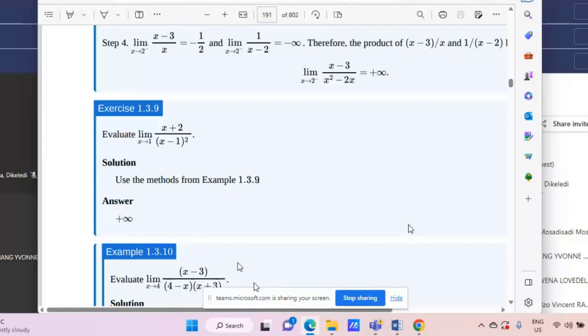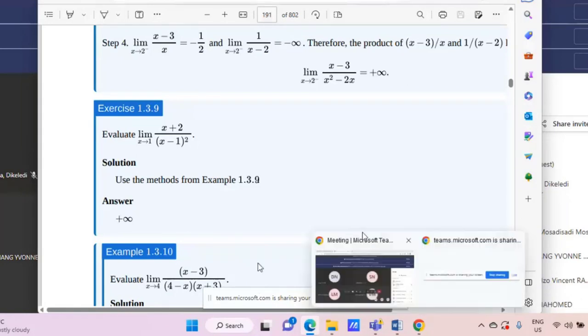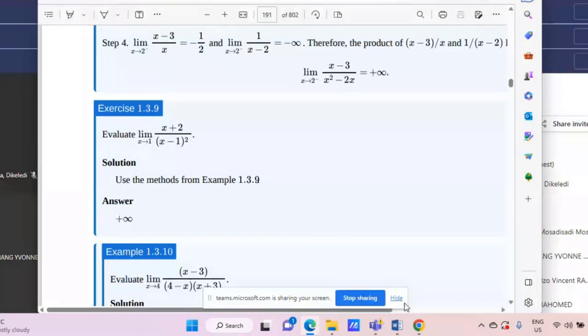Now, let me request you to solve example 1.3.10. Please evaluate the limit of x minus 3 all over 4 minus x, in the next bracket x plus 3.